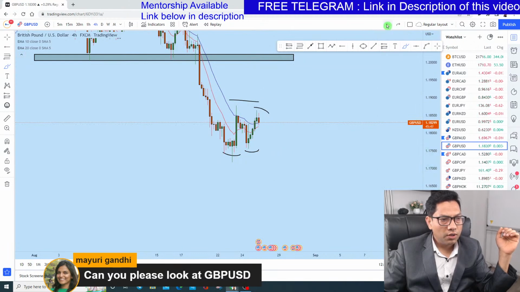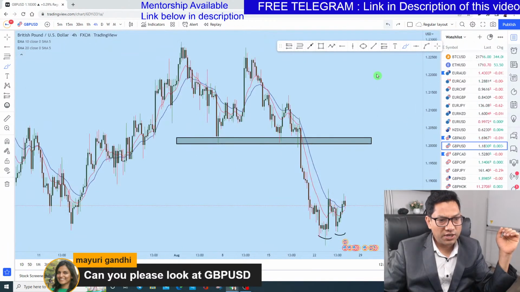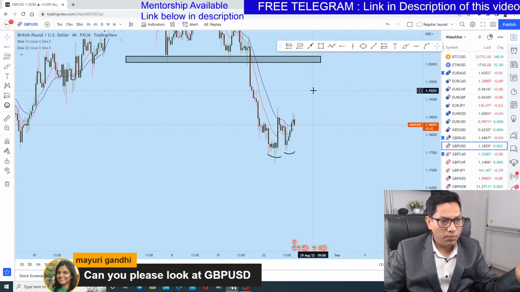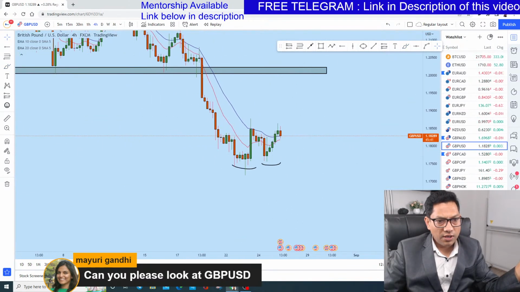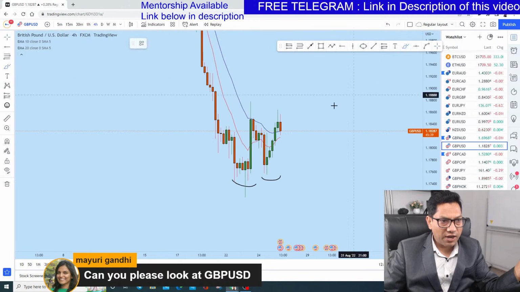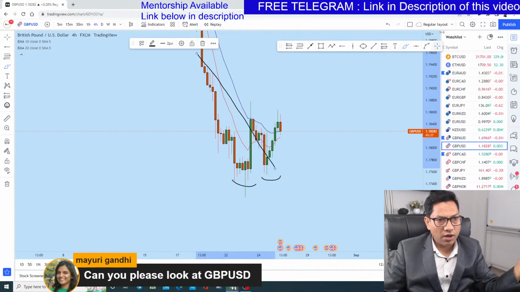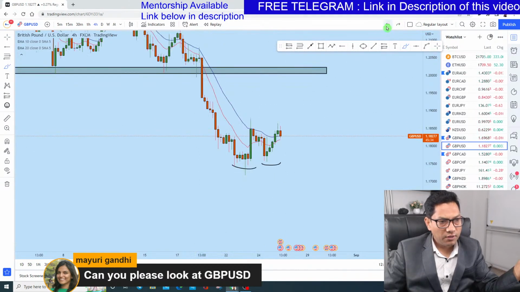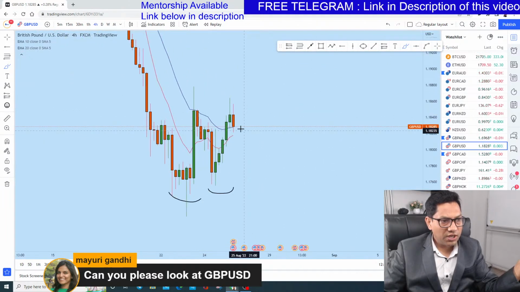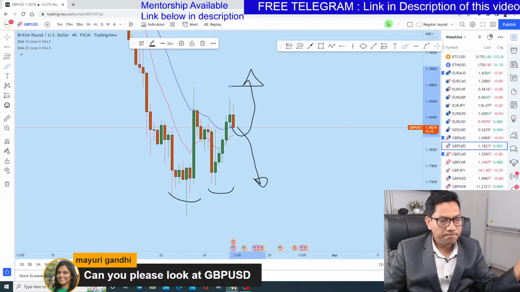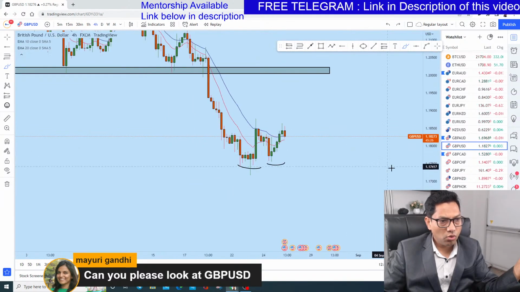Depending on how the price action develops, but at this point, to be honest, I will not be doing anything because you can't predict this market now. It's overextended to the downside, consolidating. Very difficult to say that it's a sell, or very, very difficult to say that it's a buy. Let the candle close.